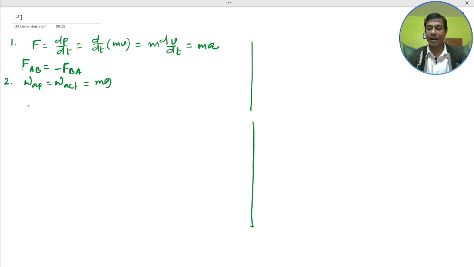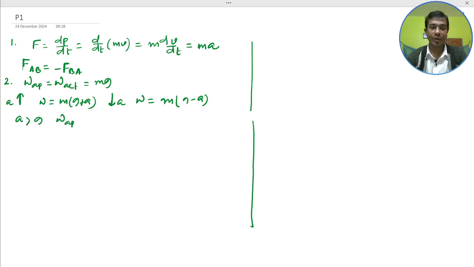When the lift is accelerated upward, the weight W is equal to m(g + a), and when the lift is accelerated downward, W is equal to m(g - a). If accelerated downward such that the acceleration a is greater than g, the apparent weight becomes negative, so the man is accelerated upward and still stays.